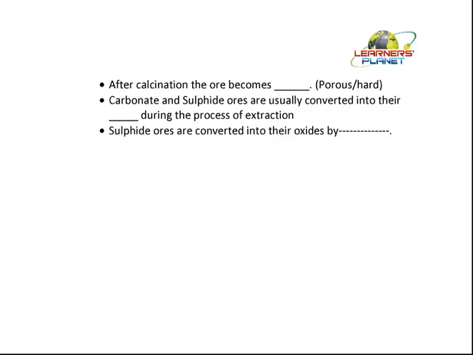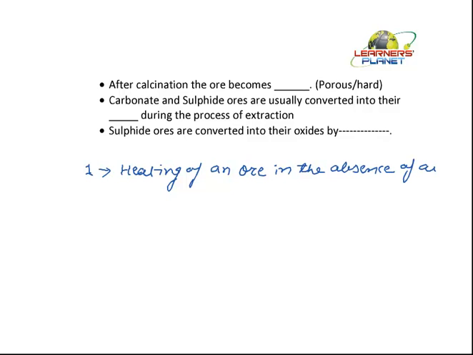What is calcination? Calcination is heating of an ore in the absence of air. For what type of ores is it done?